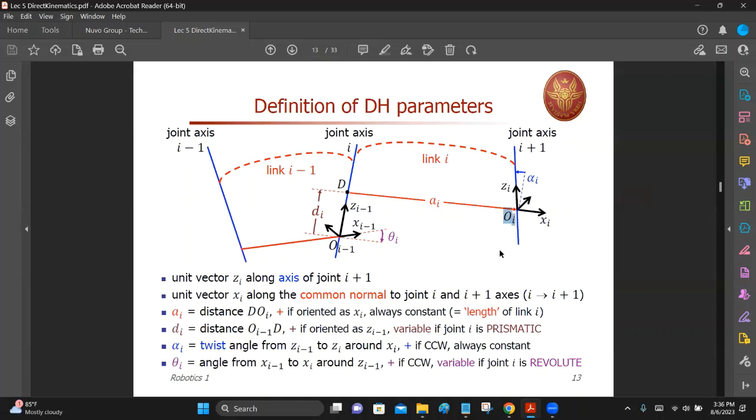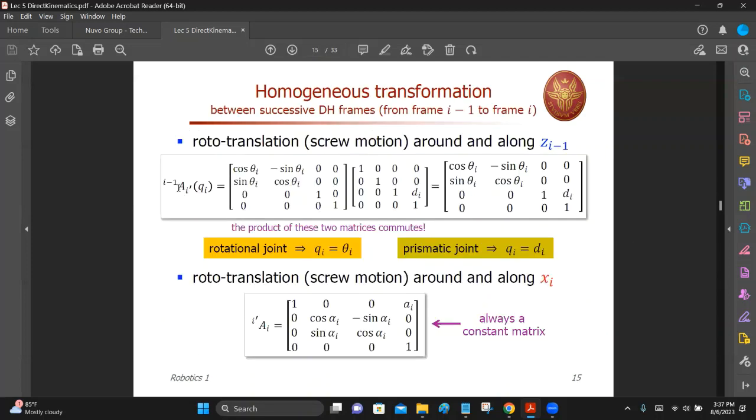I need to figure out the first step, and the second step as well. So here you can see the first step. After the first screw operation, the coordinate frame is labeled as i dash. i dash is the intermediate coordinate frame when the origin is located at point D on the same z-axis, z i minus 1.